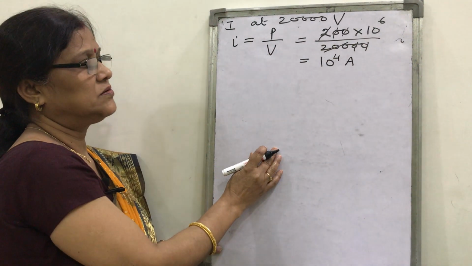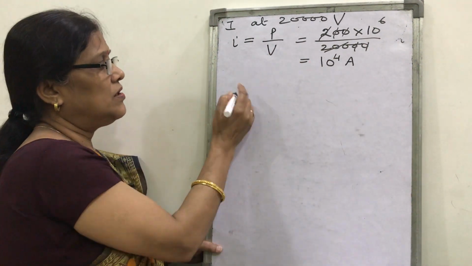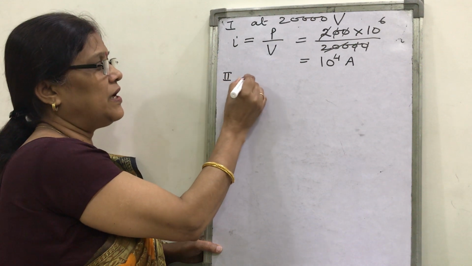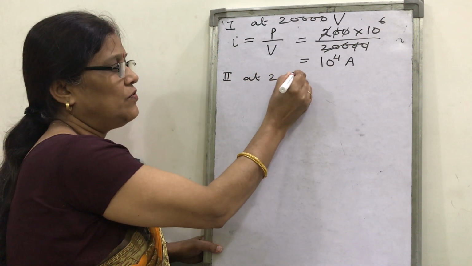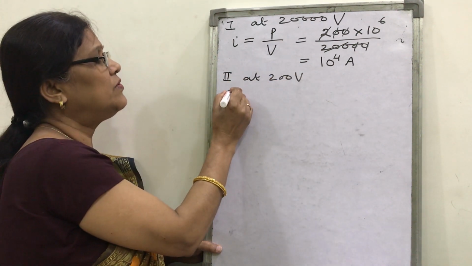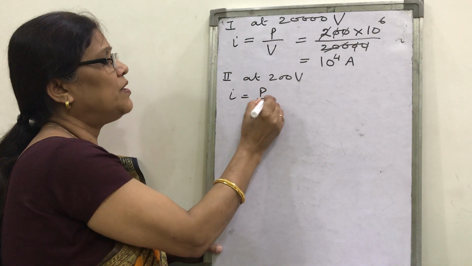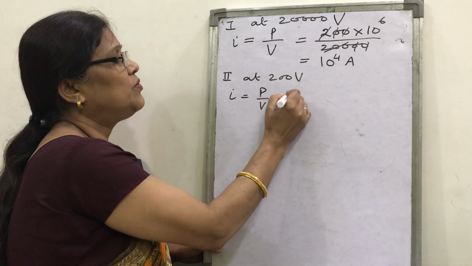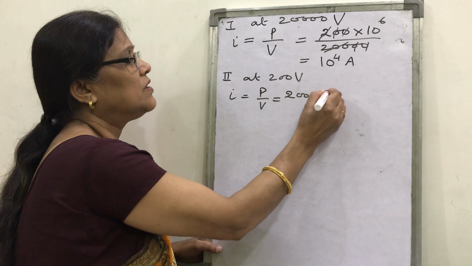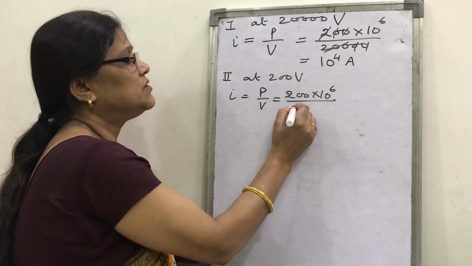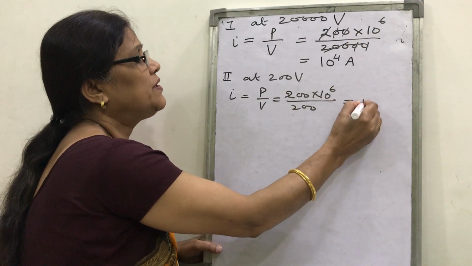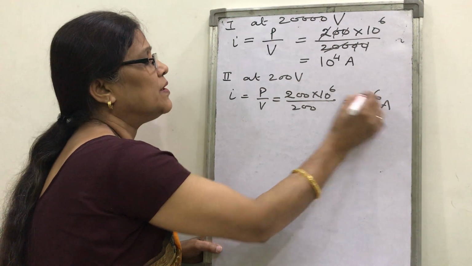Now in the second case, at 200 volt, I will be P by V, that is 200 into 10 to the power 6 upon 200. So this will be 10 to the power 6 ampere.